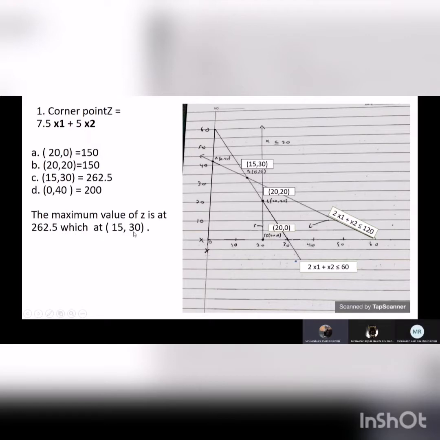So for our plotting in the graph, we have three constraints. For the first, we have to plot the three constraints on the graph.